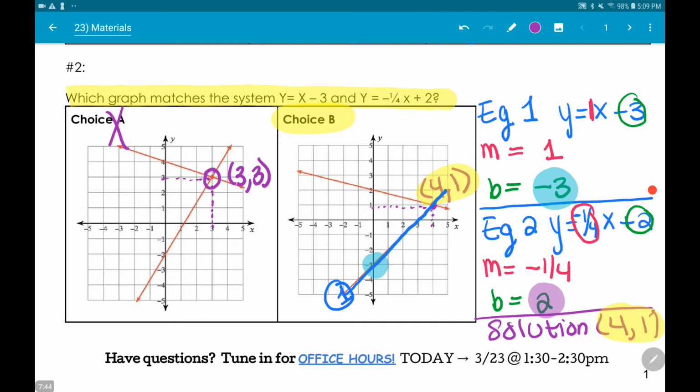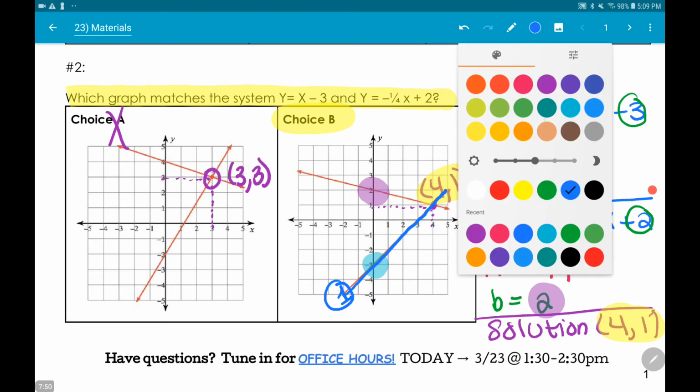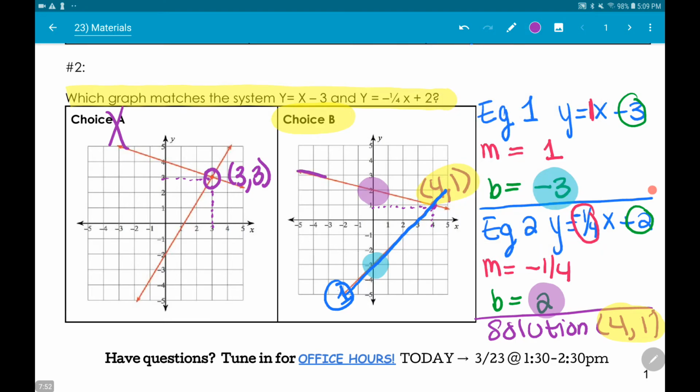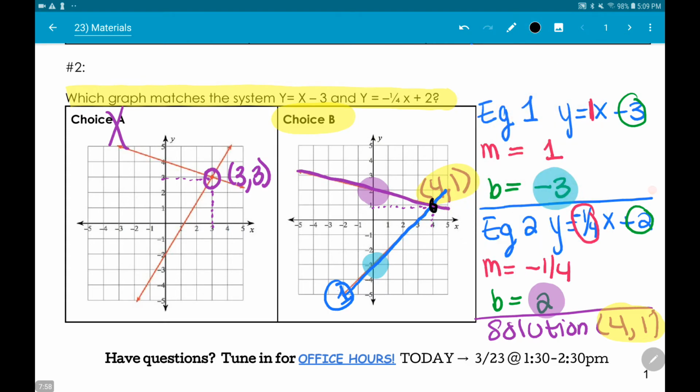Our y-intercept in this one was 2, so that means the line for equation 2 should be here. So equation 2 crosses through our y-intercept of 2, and that's another way you can check if you're not checking from the solution. All right, so that means choice B matches the system.